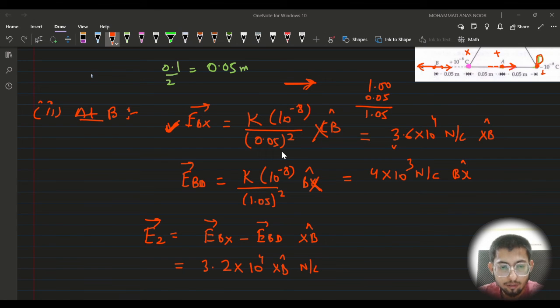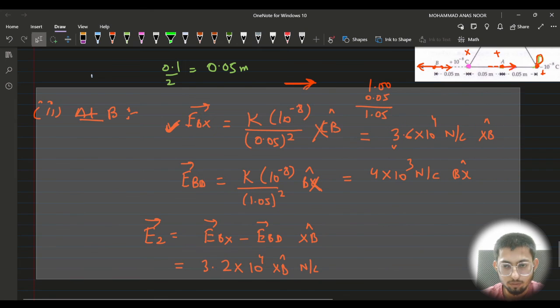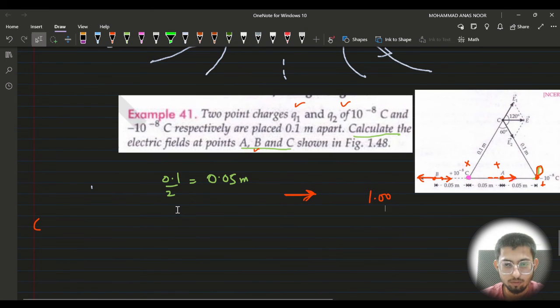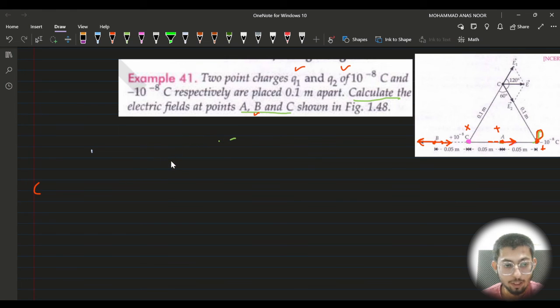Now we have another part, third part, which is C. For C, what we have to do? Let us erase this first. So C will experience electric field. Now you will have to deal with vectors in this case.